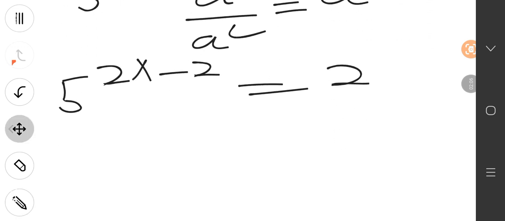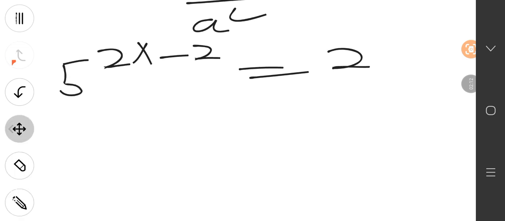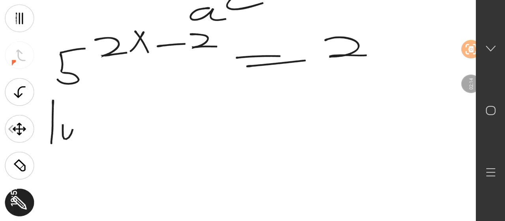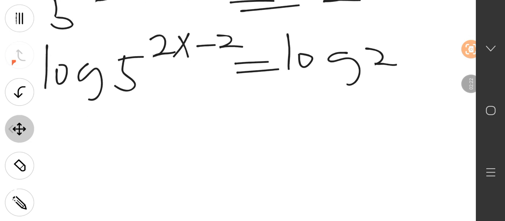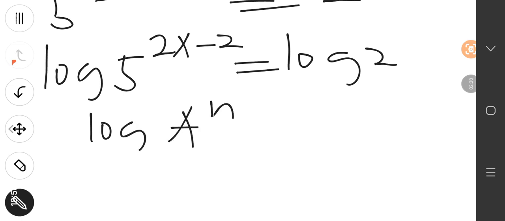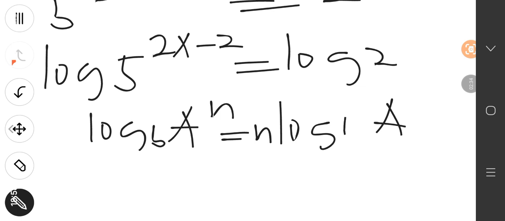Now this base and this base are not the same, so because of that we are going to apply log. We say log 5^(2x-2) equals log 2. Now let's apply the logarithm definition at the left side of the equation: log a^n base b equals n log a base b.